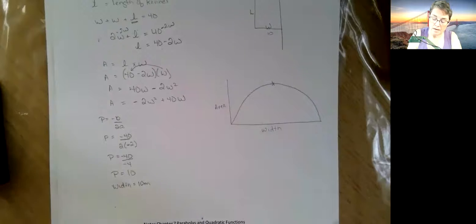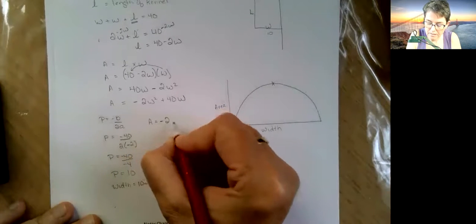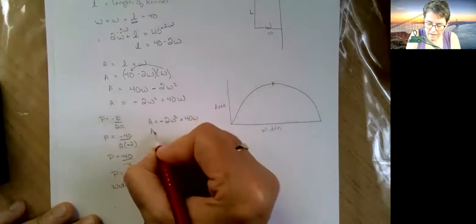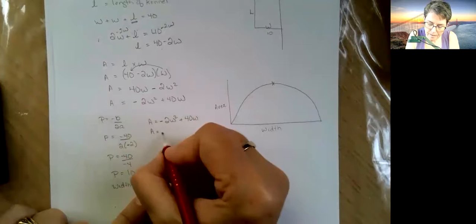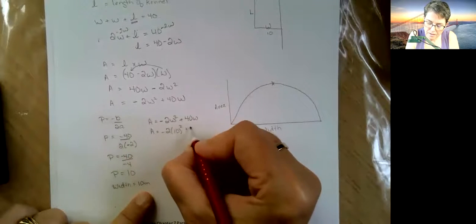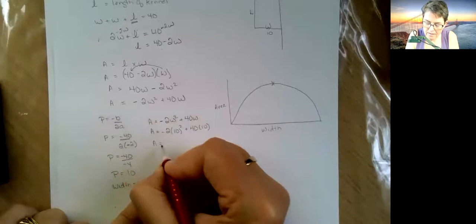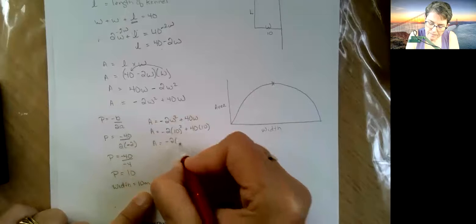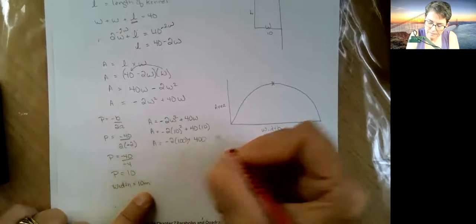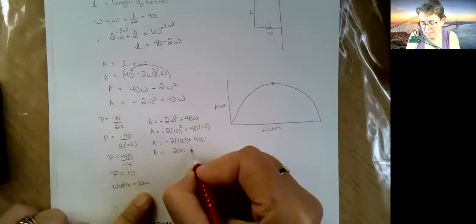Now we want to figure out our area. Area is equal to minus 2W squared plus 40W. Area is equal to minus 2 times 10 squared plus 40 times 10. Area is equal to minus 2 times 100 plus 400. Area equals minus 200 plus 400.